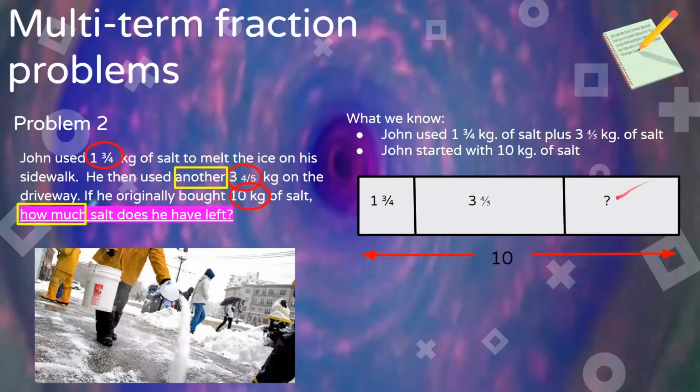And we could, if we have to, draw a tape diagram. The tape diagram will help us just illustrate it in our minds. He had 1 3/4 kilograms to start. He used another 3 4/5. And then we want to know what he has left out of our whole unit of 10 kilograms.